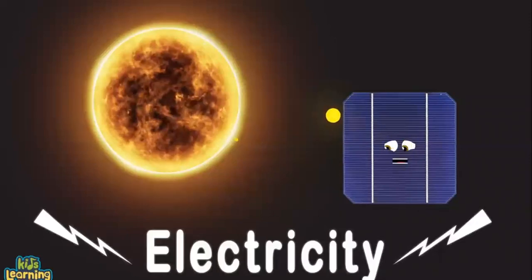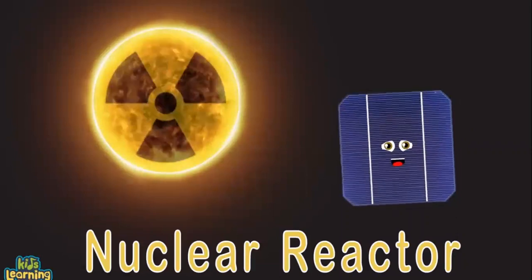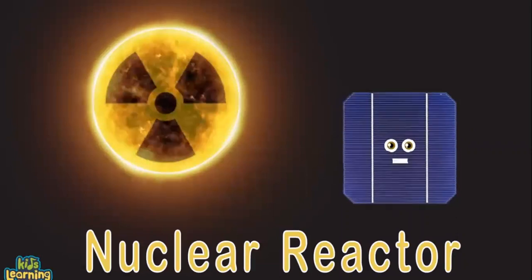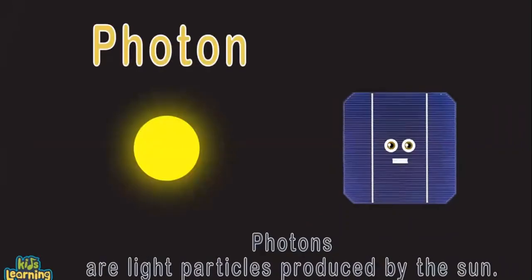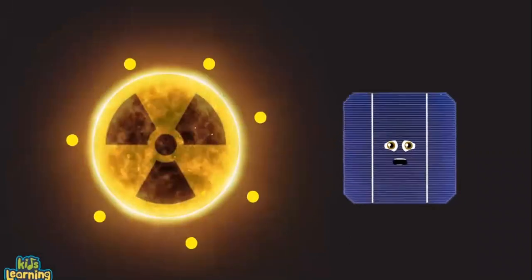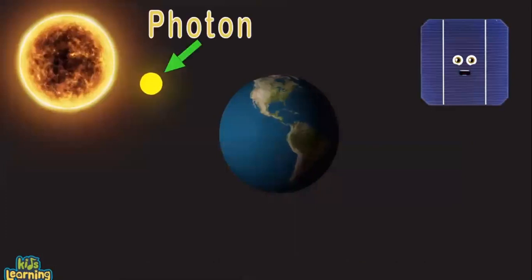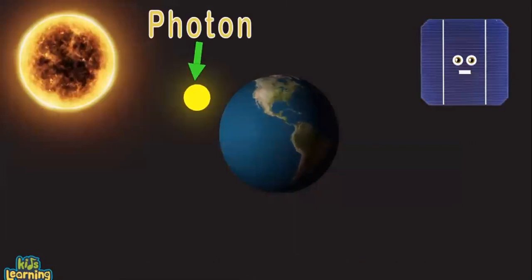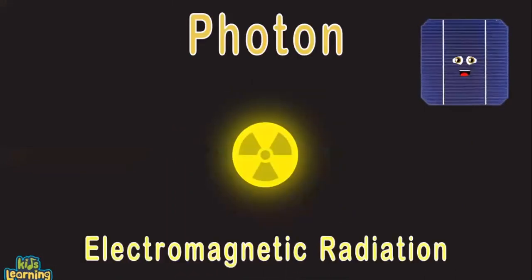It's the most abundant energy resource on Earth. Photons are light particles produced by the sun, made by nuclear fusion. It takes 8 minutes and 20 seconds for a photon to reach our Earth from the surface of our sun. Photons are made of electromagnetic radiation, tiny packets of energy I convert into electricity.